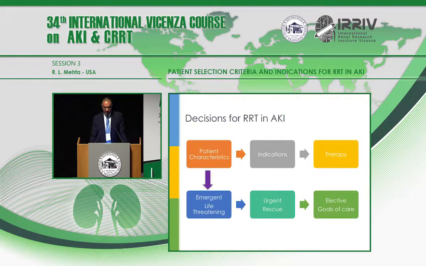And then it's relatively infrequent that elective therapy is offered in goals of care, depending upon what the situation is. And now this continuum of going from elective to urgent to emergent indications therefore becomes a norm of our daily lives and practice.